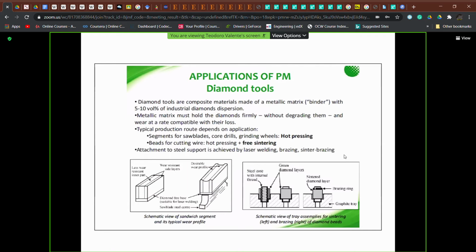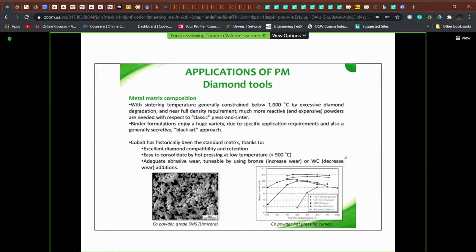They are fabricated by powder metallurgy technologies. They usually imply the hot pressing techniques together with free sintering of the materials itself. And this is one example.